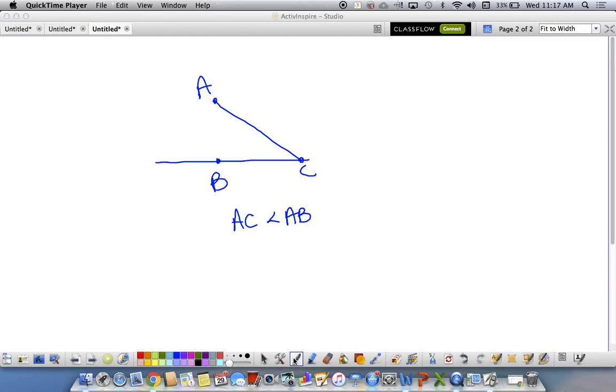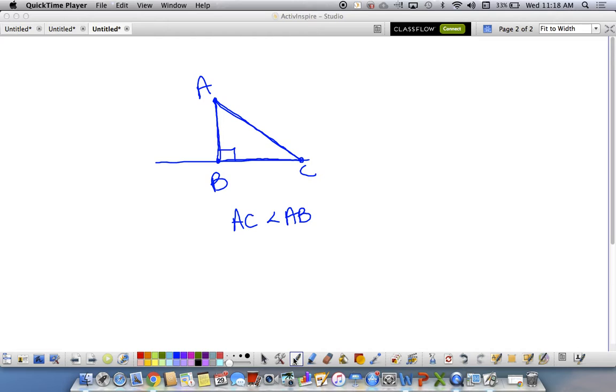ABC. So if I were to draw the triangle, A to B to C is what? What do you know about that triangle? How do you know it's a right triangle? The given information told us that AB was perpendicular to BC. So the given information says this angle has to be a right angle.